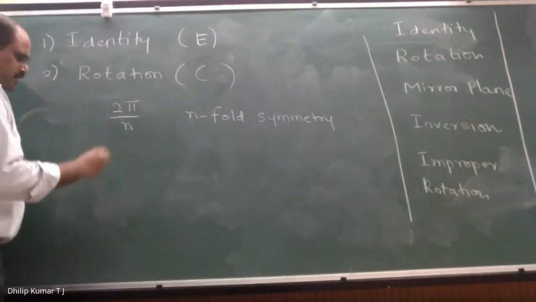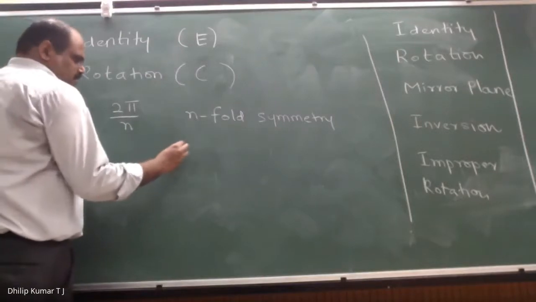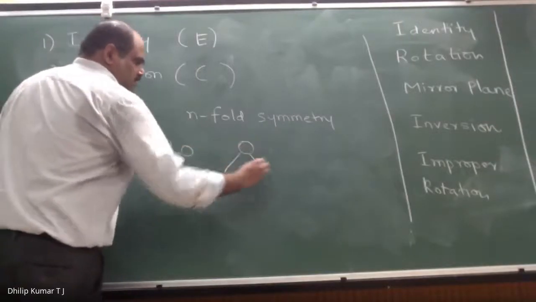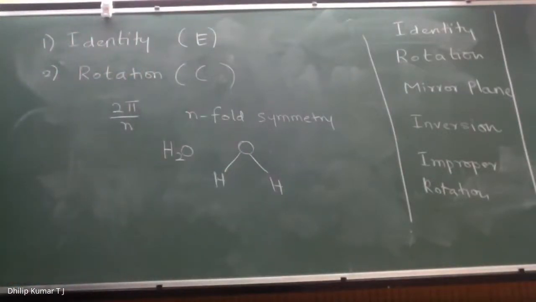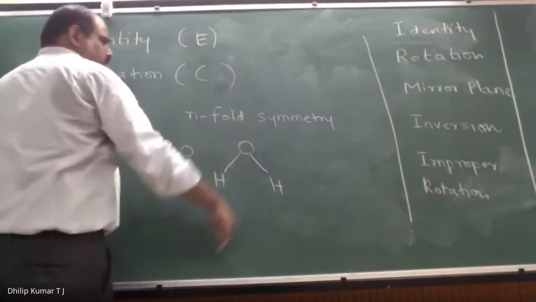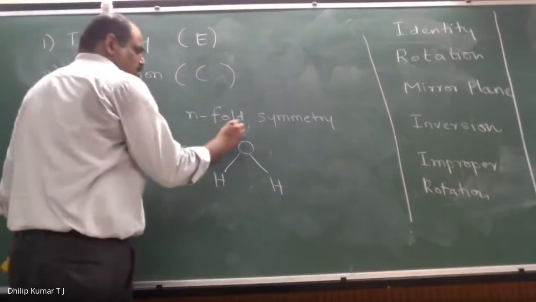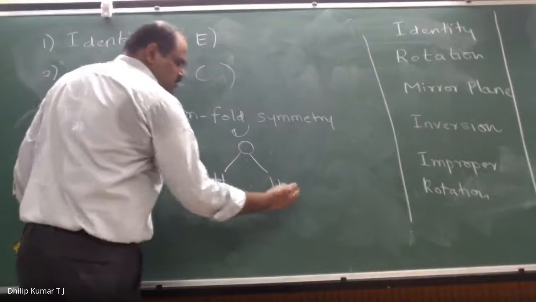any molecule, can you give me? Maybe we just start with which one? Benzene or water. Water we can take. So H2O. So if you draw water, you can put a line through this board, and then you can rotate this molecule, right? So you can say this is H1 and this is H2.